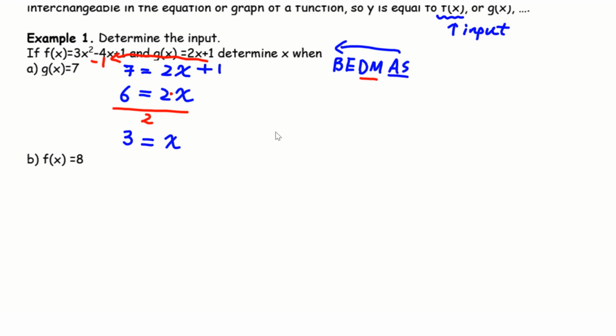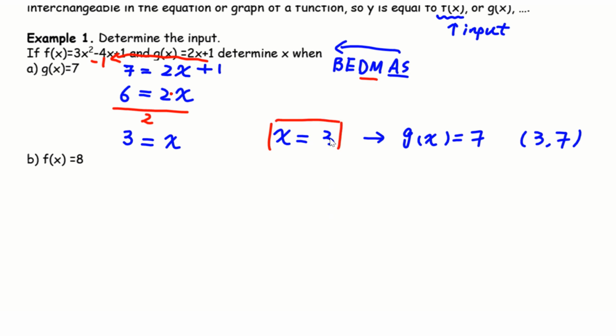So now we know when x equals 3, the output will be 7, and it represents a point on the graph of g at x. For the final answer, you just write x equals 3, which is right, but you should know what x equals 3 represents. It represents that when the y value is 7, the x value is 3. So (3, 7) is a point on g at x.